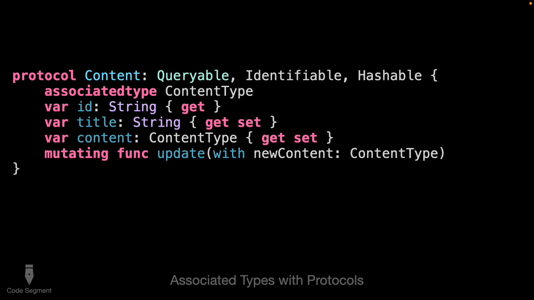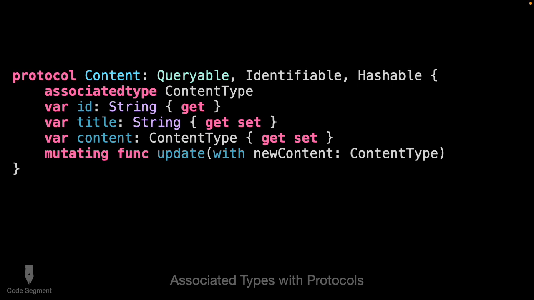So any type that conforms to the Content protocol needs to, by its own definition, make it very clear what the ContentType is, okay? So if you were to adopt the Content protocol and conform to it with some struct or something, when you define the property var content, you can't use ContentType in that struct.